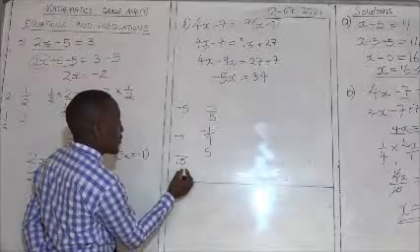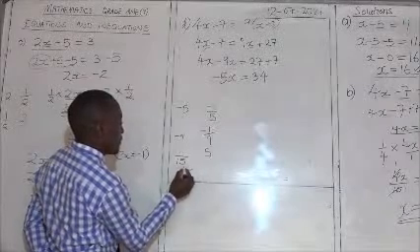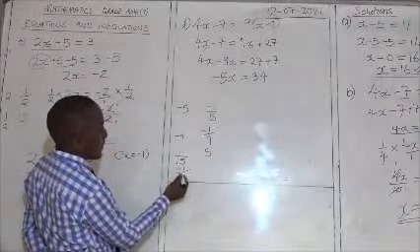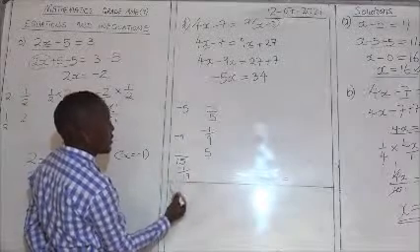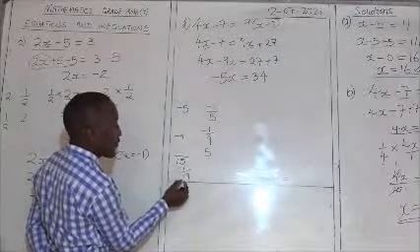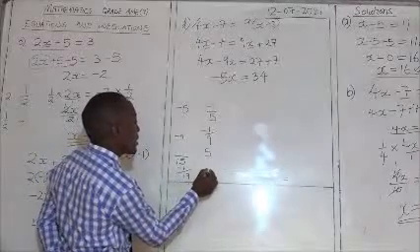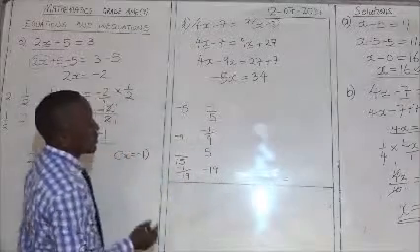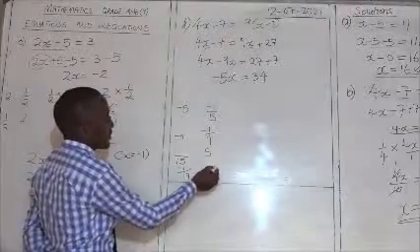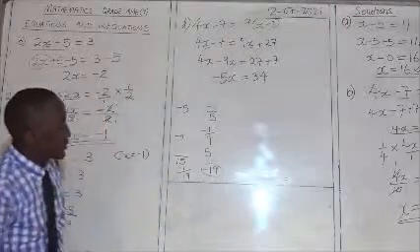If you have, say, negative 1 over 19, the multiplicative inverse of negative 1 over 19 is just negative 19. This is how we should do it.